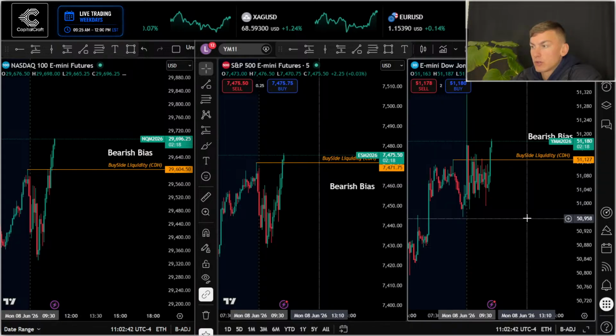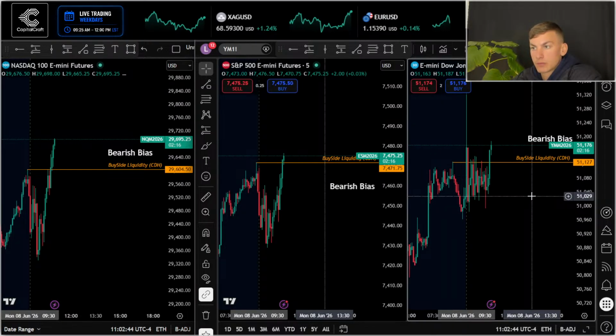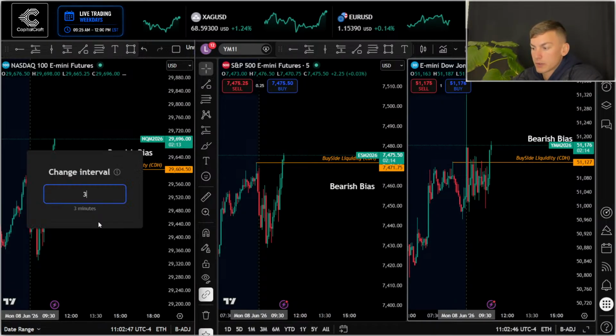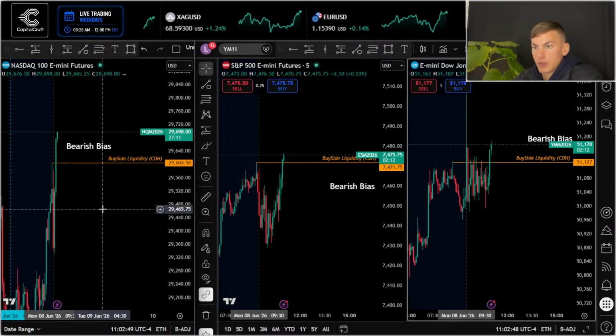Okay, just sitting through the time frames very quickly, just trying to get a better understanding of what is happening on the higher time frame.